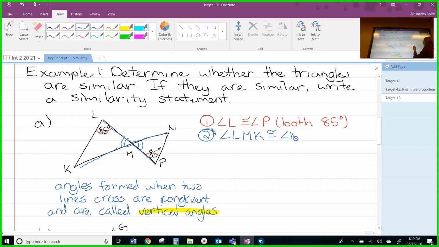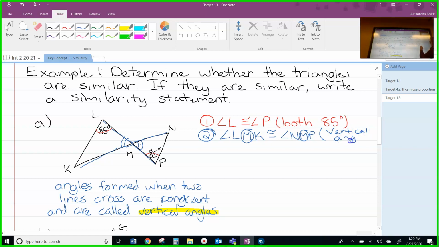For your angles, you don't have to be super careful how you name them. The middle letter is what's important, though. M is in the middle, and so it should be in the middle of your name as well. Okay. And as we said, those are congruent because they're vertical angles.